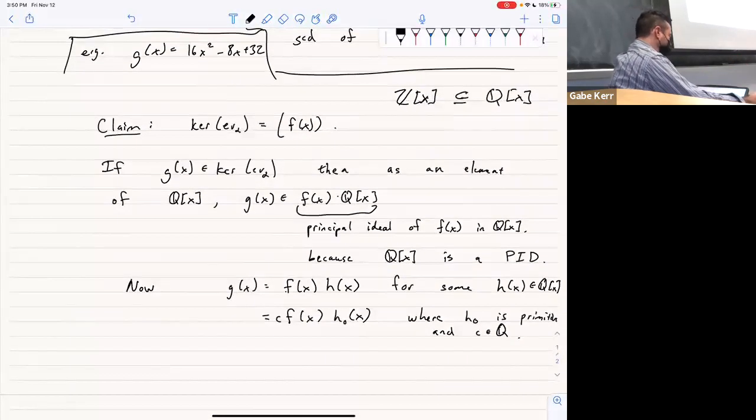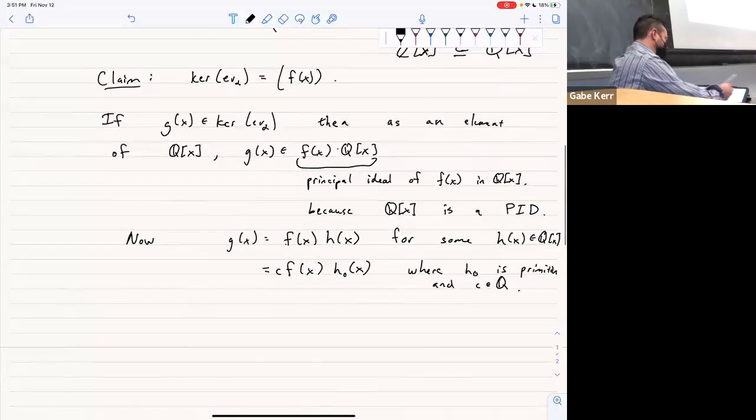Because if g is not primitive, then we can do what we did before. We can say g is the least common multiple times some g tilde, which is primitive. So we can replace g by the primitive part of g. Let's assume g is primitive. So we should start with that.